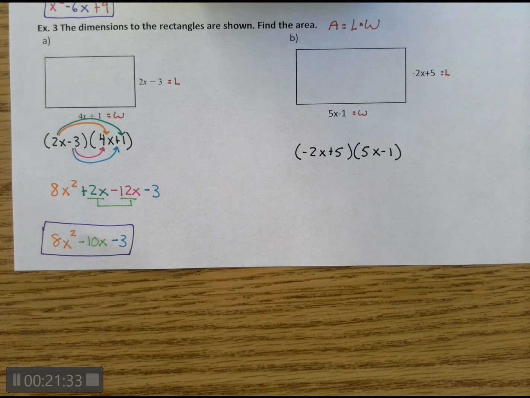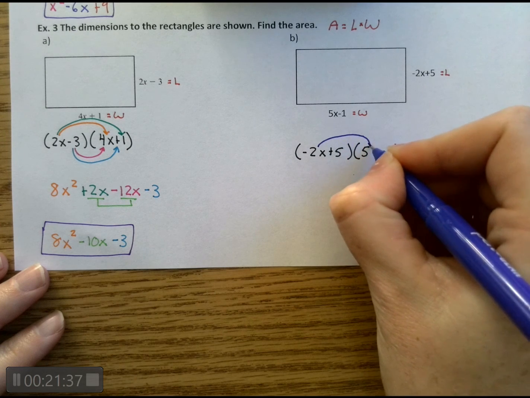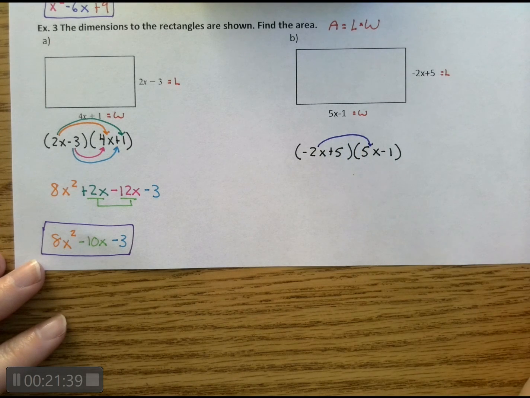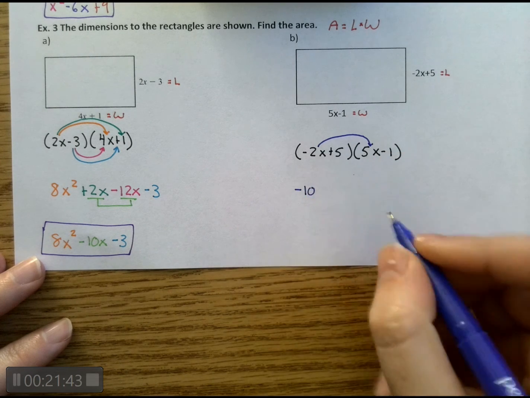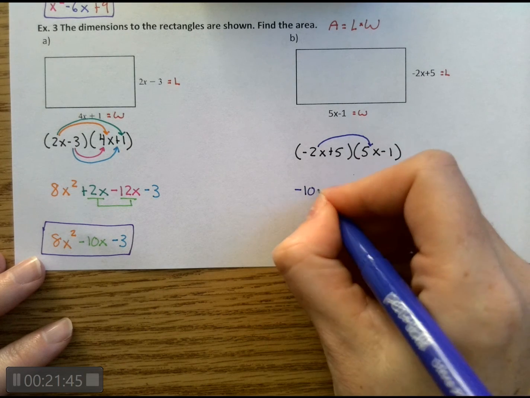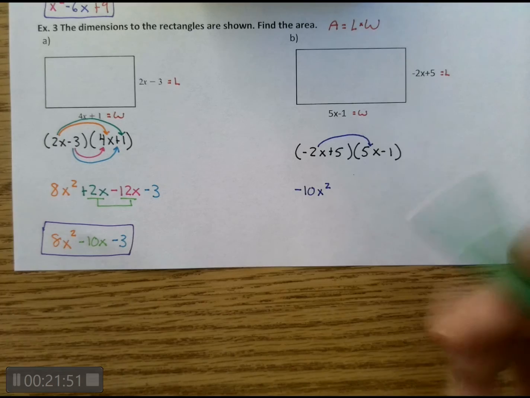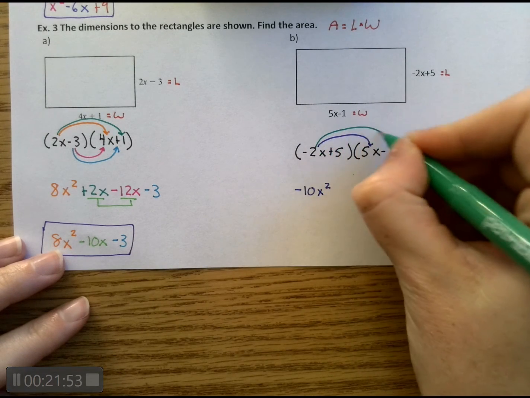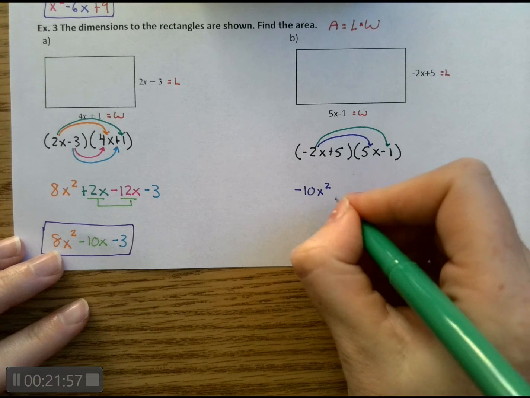And now we get to multiply. Negative 2x times 5x. Negative 2 times 5 will give me negative 10. And count your x's. 1, 2. Negative 2x times negative 1. Remember, negative negative makes a positive.